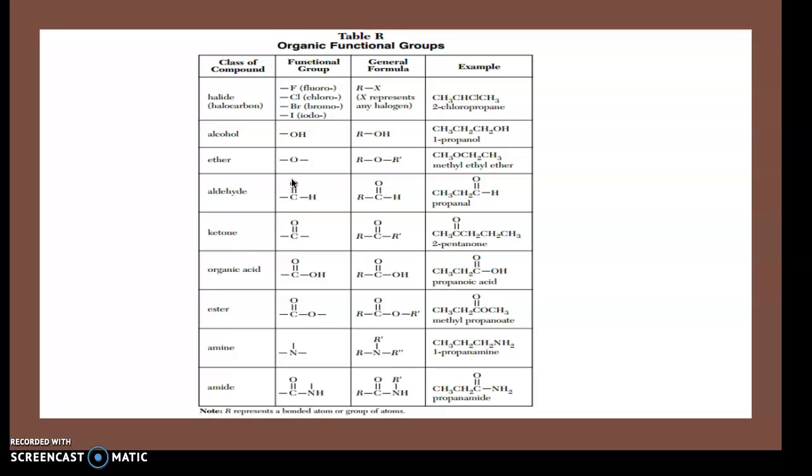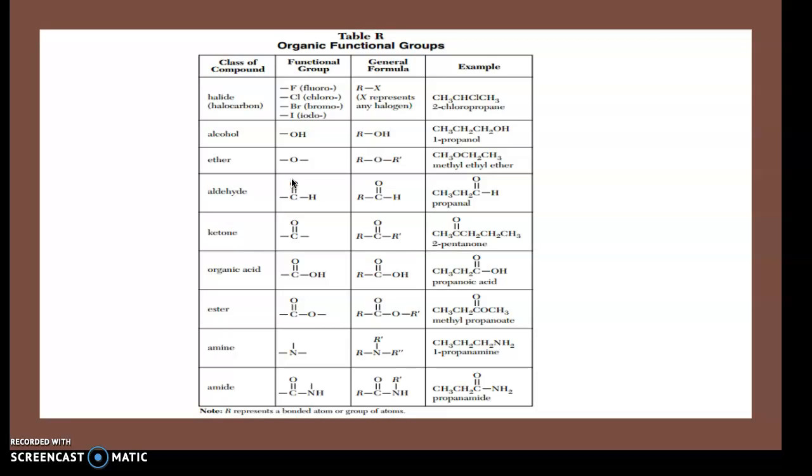Organic acids and esters are also siblings. Let me not call them siblings. They're also cousins, let's say. So for an organic acid, we're going to have a carbon. The functional group is a carbon double bonded to an oxygen and single bonded to an OH. Now, what happens when it's time to identify an organic acid is some of you only see the carbon double bonded to an oxygen, or some of you only see the carbon single bonded to an oxygen and hydrogen.